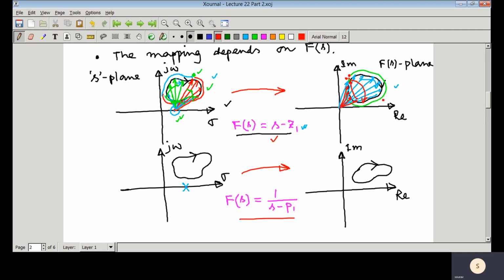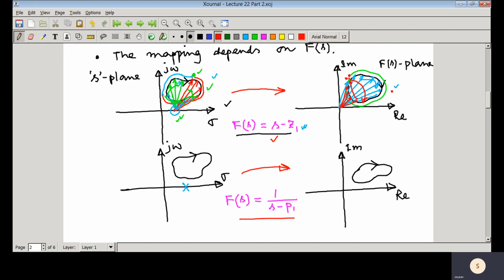So the total is the clockwise angle contribution minus the total counterclockwise angle contribution, which in this case would be 0. That's why whenever a pole or 0 is outside the contour, the mapped contour in the F(s) plane never encircles the origin, because the total angle contribution would be 0.